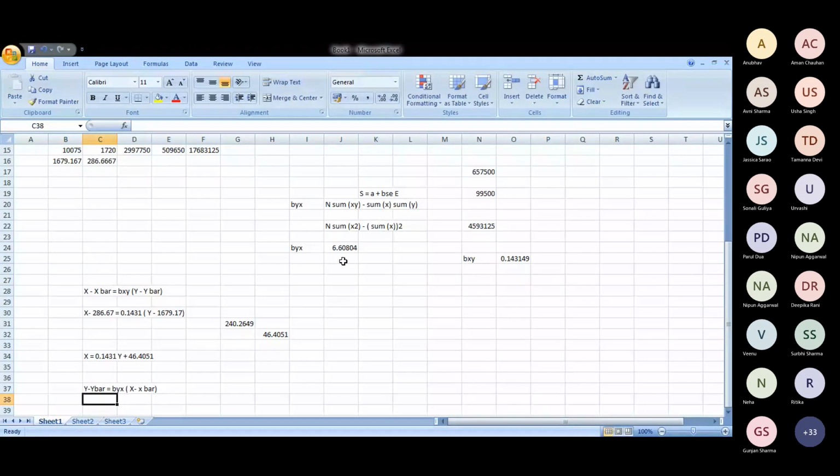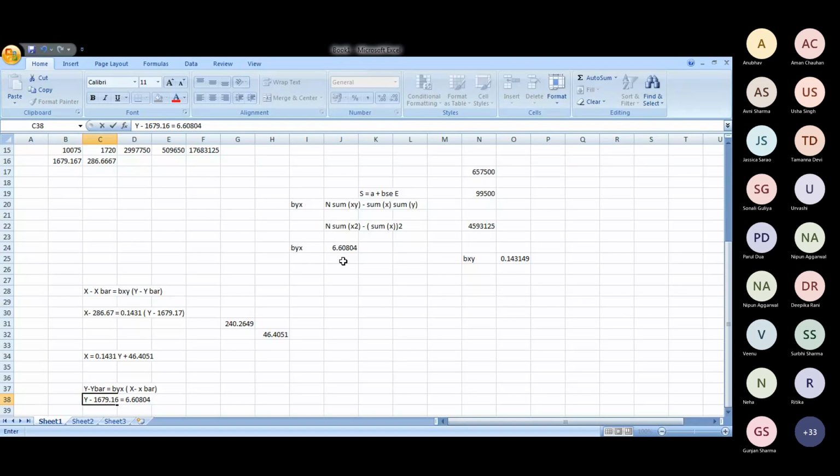Fine. So y minus y bar. Y bar is 16. Y minus y bar is equal to byx. Byx is 6.60804.